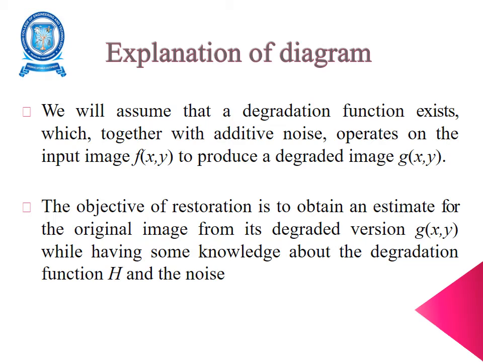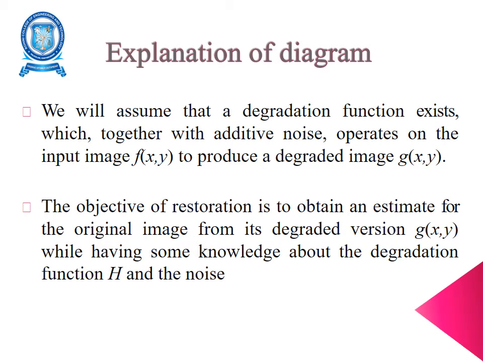Okay, so here I have again given the explanation of the diagram. We are assuming the degradation function exists, and along with that we have additive noise which operates on the input image f of x comma y to produce the degraded image g of x comma y.